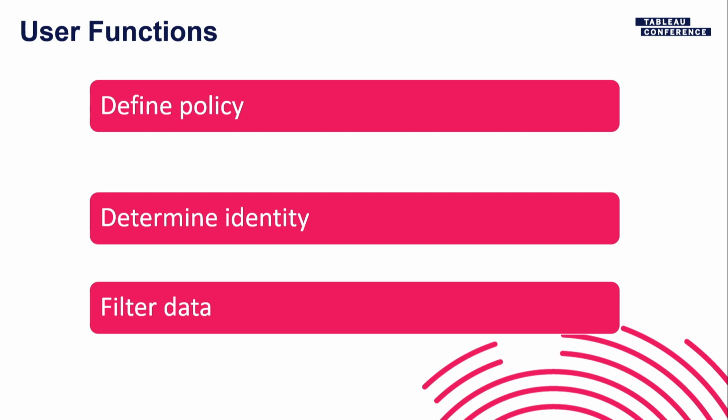The other biggest, most common way we see people implementing RLS in Tableau is through user functions. And there is a lot of detail on this. I'm not going to go into every possible aspect of the use case, just a handful of slides. But for anyone who isn't aware of the white papers section on our website, you can go and search for row-level security white paper.